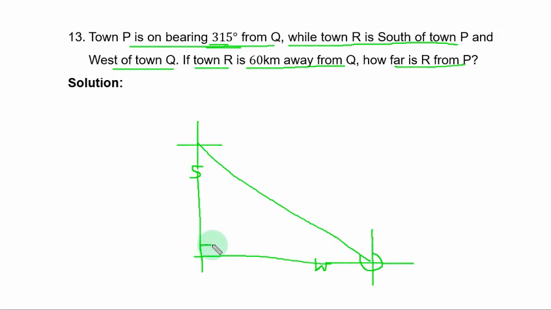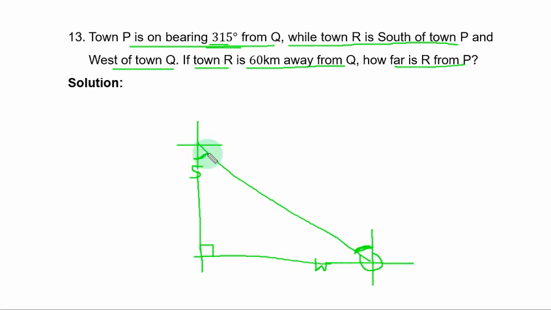It is 90 degrees. If from here to here is 315 degrees, this remaining part must be 45 degrees, and this angle is equal to this angle.